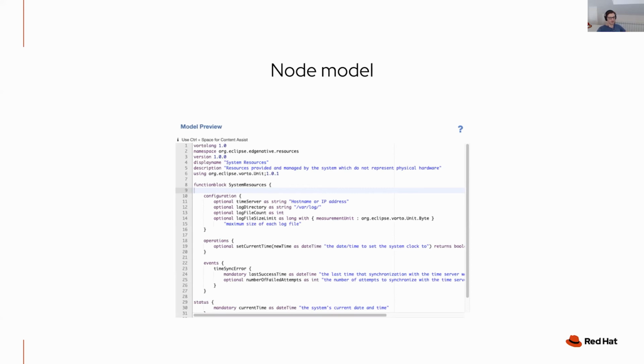Operations are the operations you can invoke, and basically events showing the events you can expect from this model and from this resource. So then you would have appropriate REST APIs to get this configuration, call these operations, and monitor these events in Ditto.